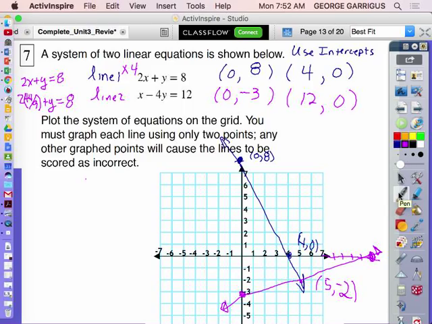I'm working on this equation. 2 times 44 is 88 over 9 plus y equals 8.